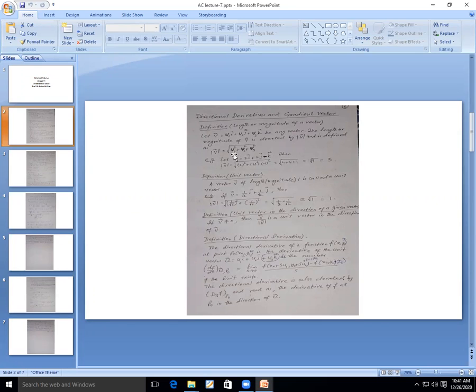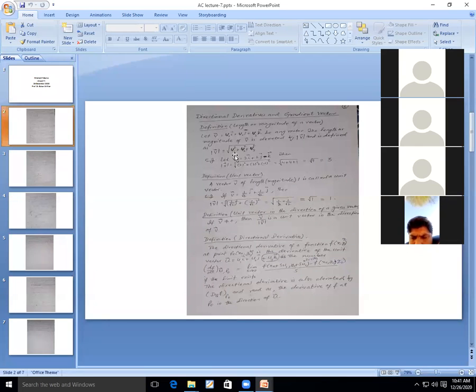And in typed work, we denote a vector by a bold alphabet. That is, this V will be bold without this arrow over it. So these arrows show that these are vectors. Remember that we use these arrows in handwritten work, and in typed work, these vectors are represented by bold letters without these arrows.